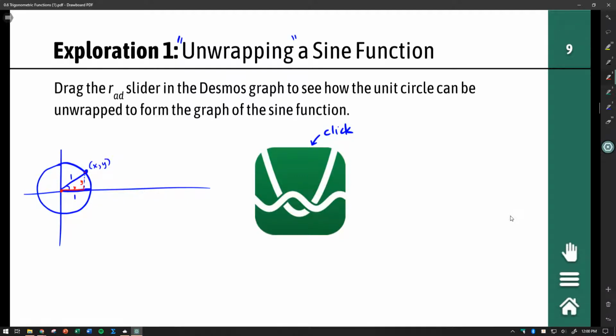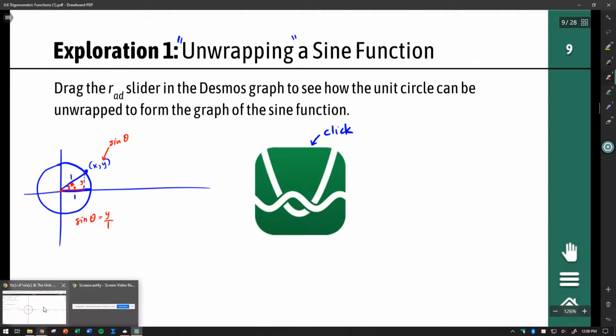Now, if we think about this angle as being angle maybe x, or angle theta in this case, then the sine of that angle is going to be opposite y over hypotenuse 1. So essentially the y value here is the sine of the angle. And we're going to use that idea to kind of generate the graph of the sine. So let's take a look at this Desmos graph.